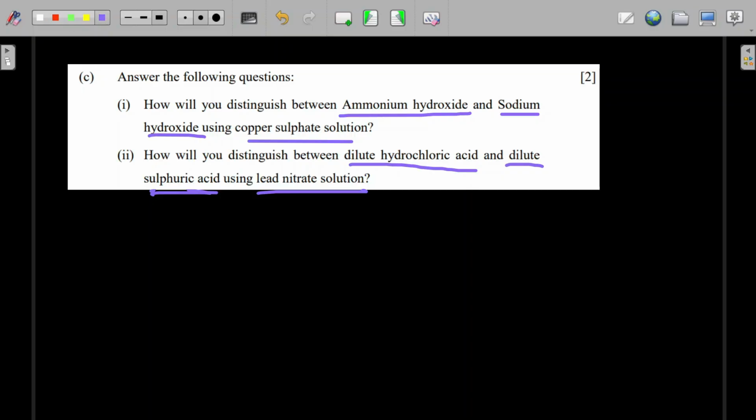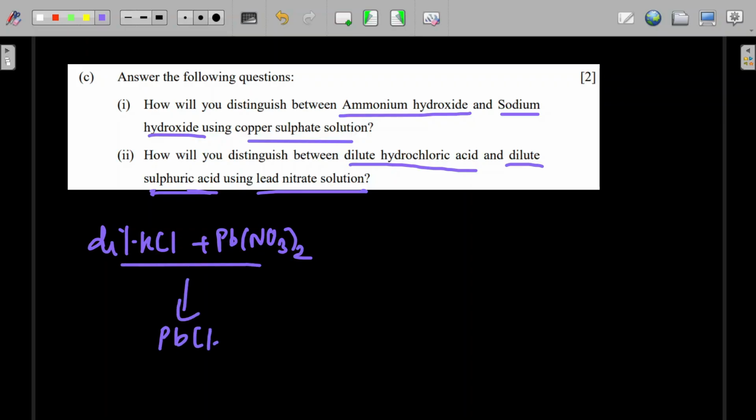Right. I just explained it previously between lead chloride and lead sulfate, but here it is a little different. You are getting it as a product. So what you're doing here, dilute HCl, you're taking lead nitrate. Okay. So here what you will get? Lead chloride, which is a white PPT. Don't write the equations. I am writing it for your understanding. White precipitate, soluble on heating.